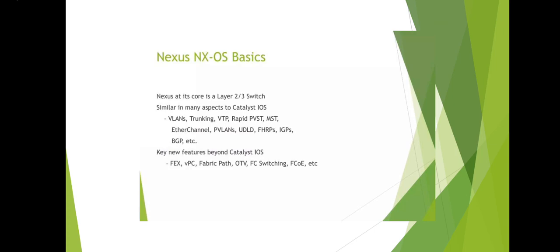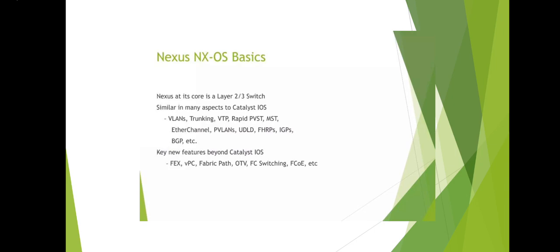The so-called basics about Nexus OS: at its core it's a layer 2 layer 3 switch. Similar in many aspects to Catalyst IOS, it comes with features like VLAN trunking, VTP, rapid PVST, MST, vPC, like layer 2, of course, EtherChannel, PVLAN, UDLD, FHRP.